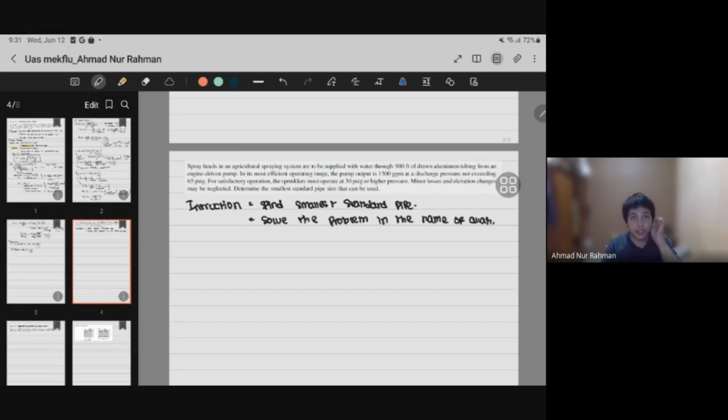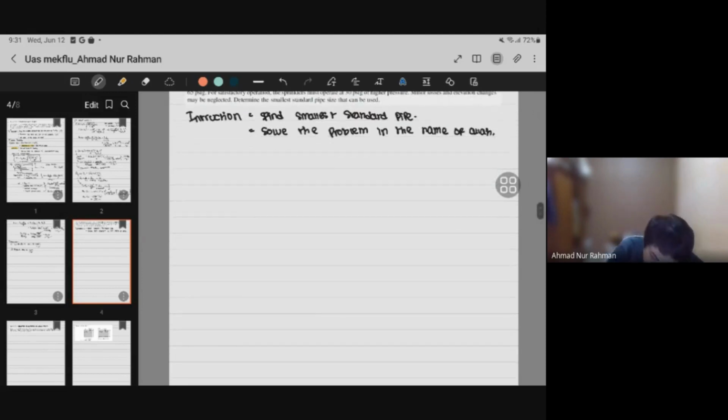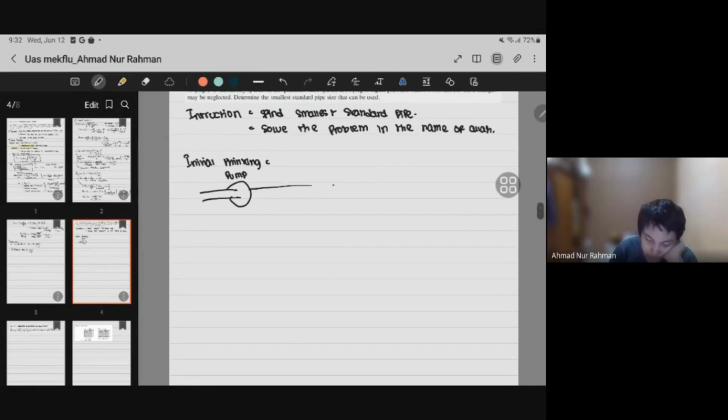Okay, we begin to start with initial thinking. We need to draw the shape of the pipe. We make a shape like this, this is a pump. This is the length. This is the pressure release.